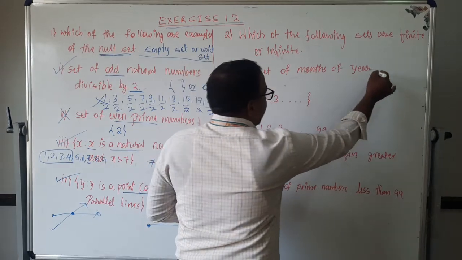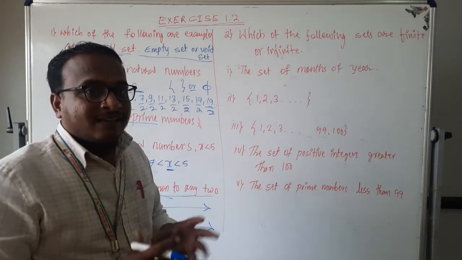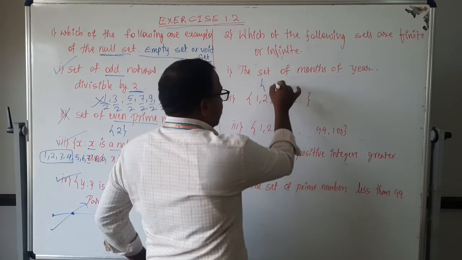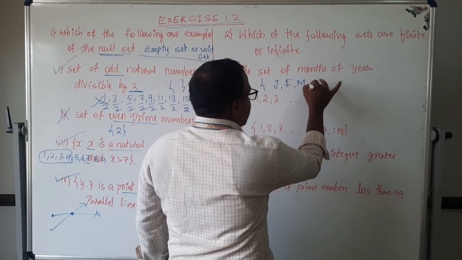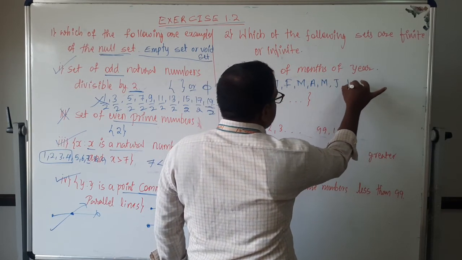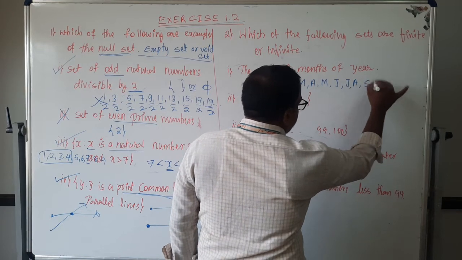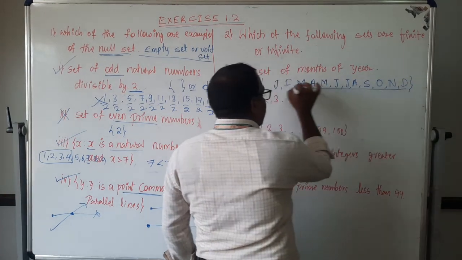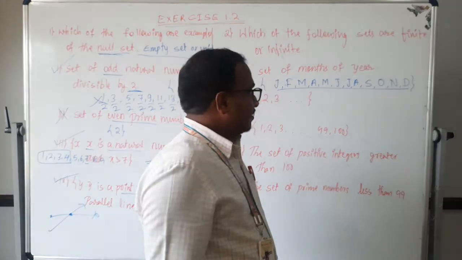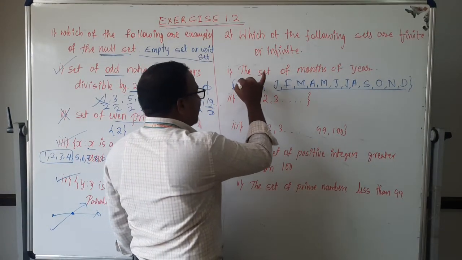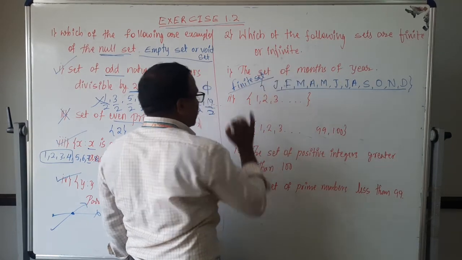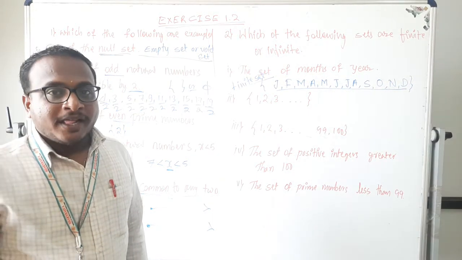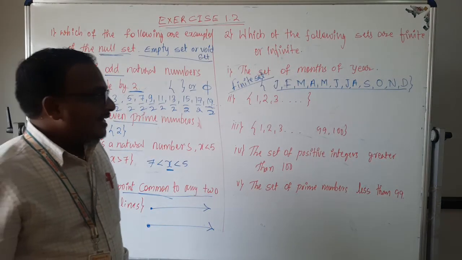The set of months of a year: January, February, March, April, May, June, July, August, September, October, November, December. These are 12 countable months, so it is called a finite set.